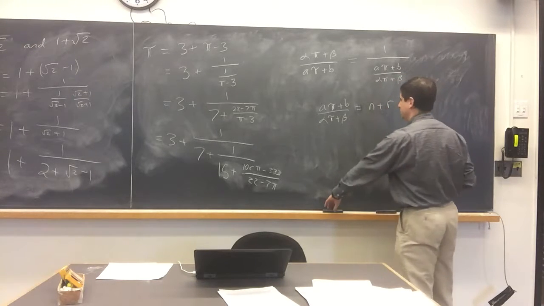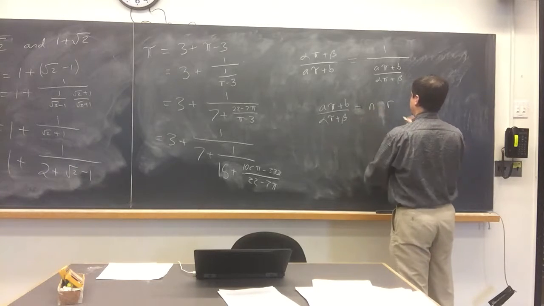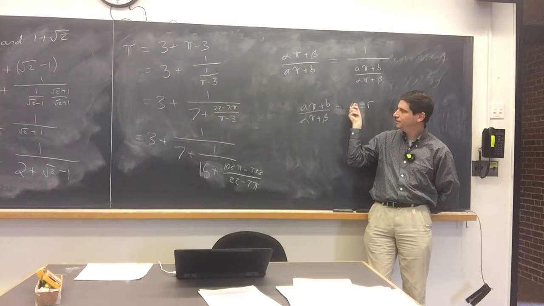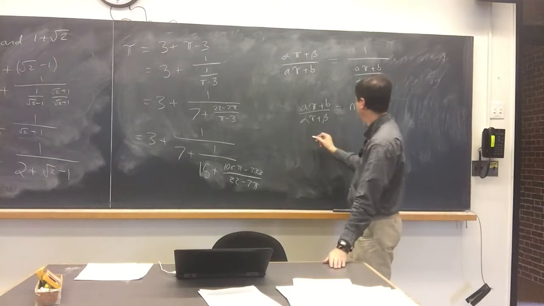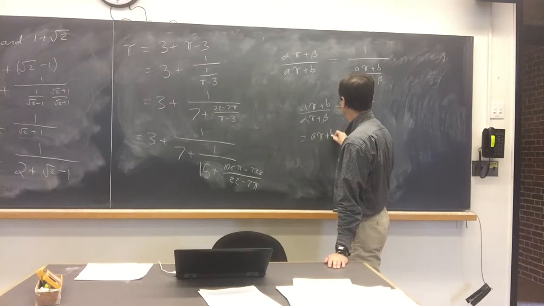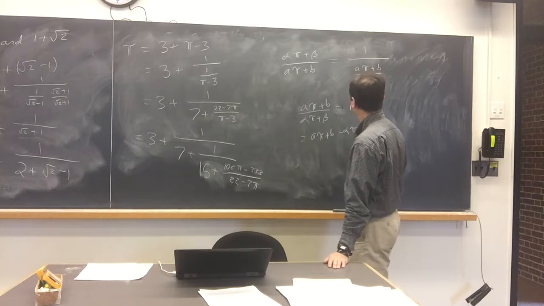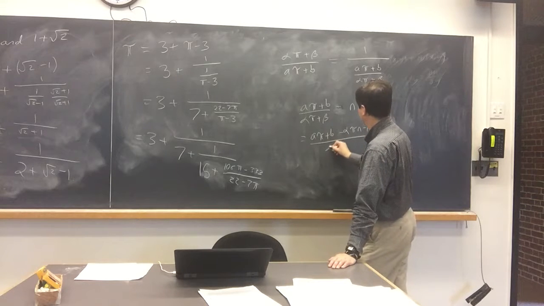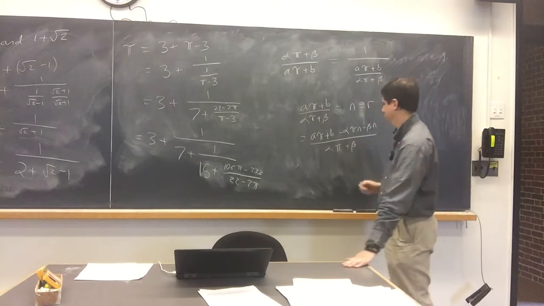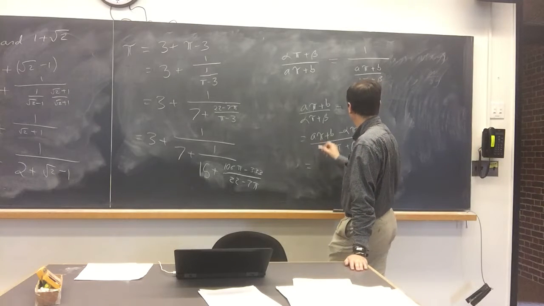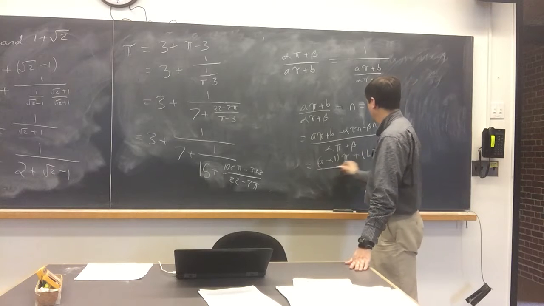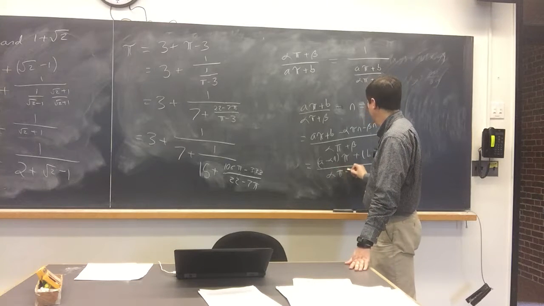Subtracting off the integer, to get the remainder I multiply by alpha pi plus beta over alpha pi plus beta, and I get a pi plus b minus alpha pi n minus beta n over alpha pi plus beta. So this is going to be (a minus alpha n) pi plus (b minus beta n) over alpha pi plus beta.